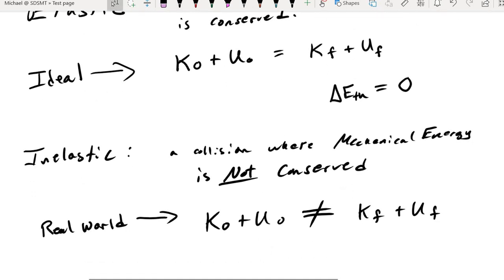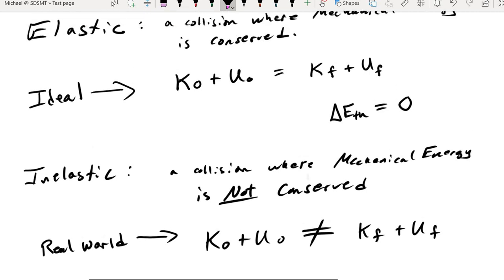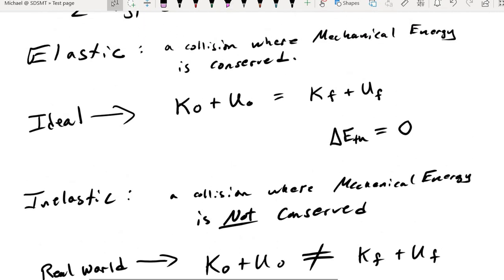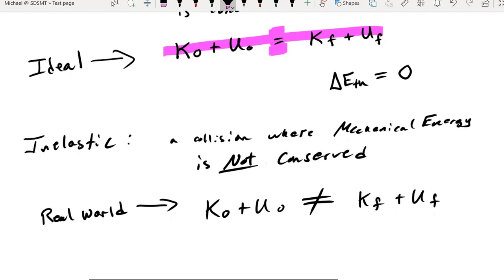So what good does it do us to have these two definitions? Up here, in the ideal case, we have a situation that is basically not going to ever occur in the real world, yet it provides us with an equation or an equality that we can set up and then use algebra to rearrange things and solve.